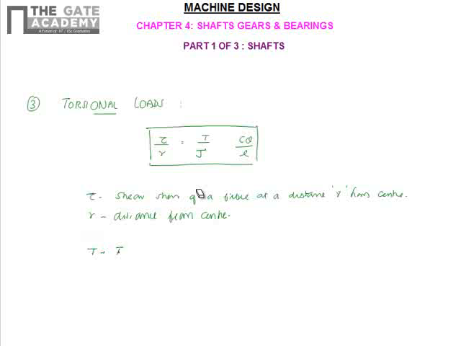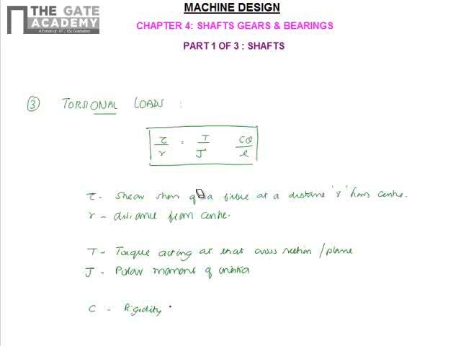T is the torque acting at that cross section or at that plane, and J is the polar moment of inertia or the second moment of inertia, and C is the rigidity modulus of the material of the shaft.